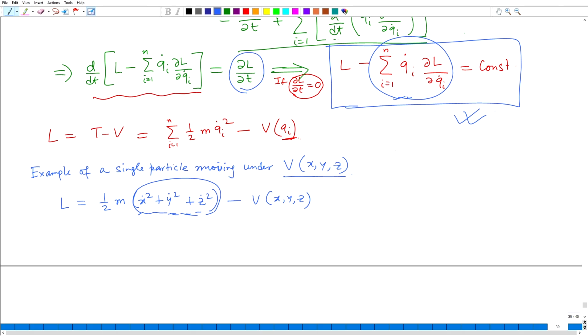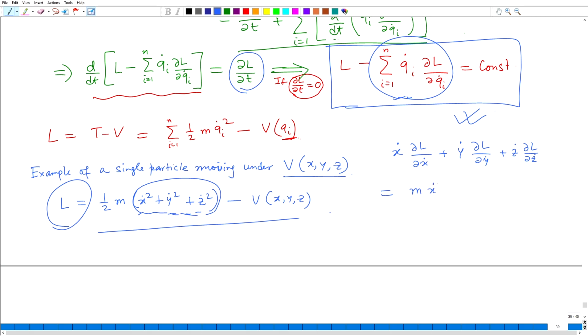So, it will actually be x dot ∂L/∂x dot plus y dot ∂L/∂y dot plus z dot ∂L/∂z dot. If you properly calculate this from this Lagrangian, this will be given by m (x dot square plus y dot square plus z dot square).